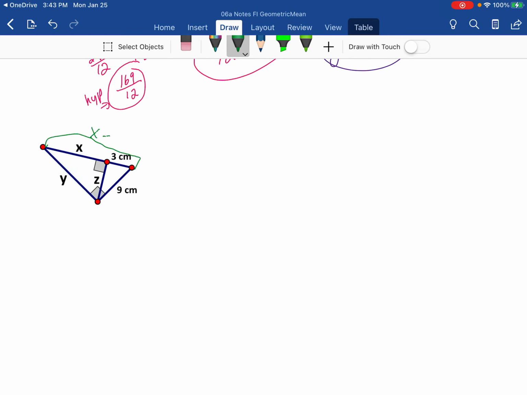I do the same thing. I add my parts. This is going to be x plus 3. And so I go through. I know y squared is equal to x times x plus 3. I can't solve it. Okay, so then I know 9 squared is equal to 3 times x plus 3.